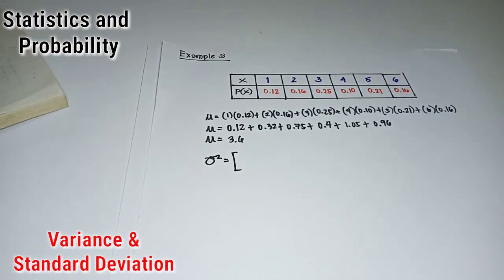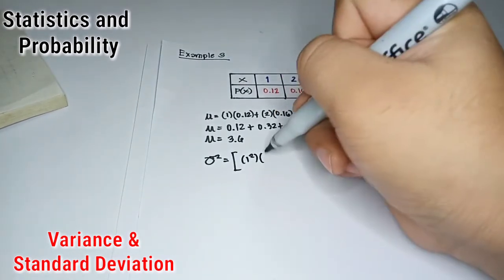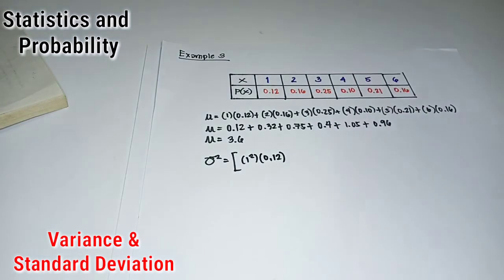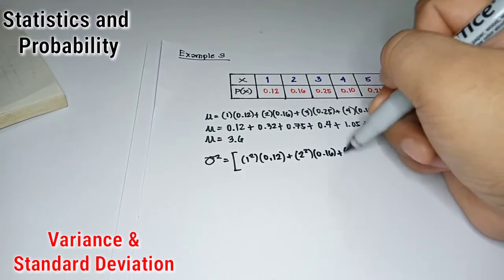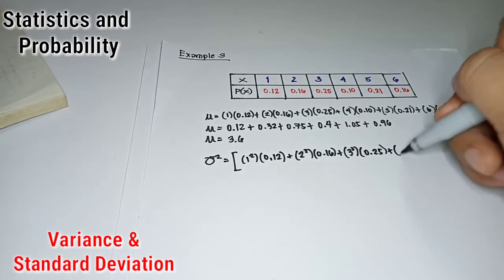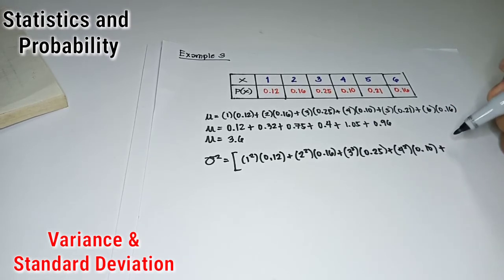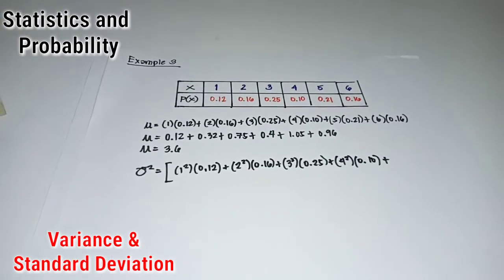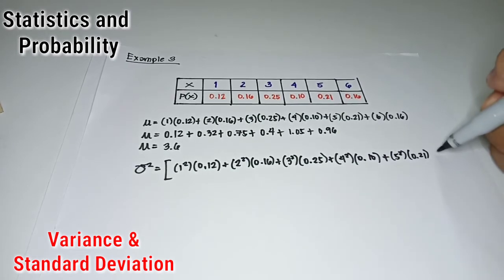To get the variance, again, let us repeat, the value squared times its probability: 1 squared times 0.12, plus 2 squared times 0.16, plus 3 squared times 0.25, plus 4 squared times 0.10, plus 5 squared times 0.21, plus 6 squared times 0.16.